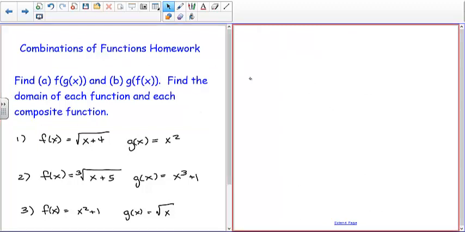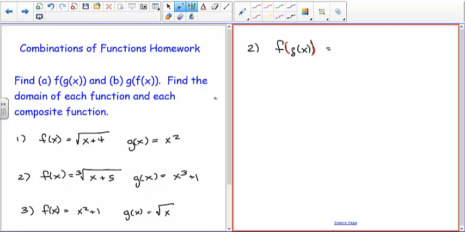Okay, let's look at number 2. So f of g of x, again I'm going to use these red parentheses here. So f of x is the cube root of x. For x I'm going to put in parentheses, then plus 5.